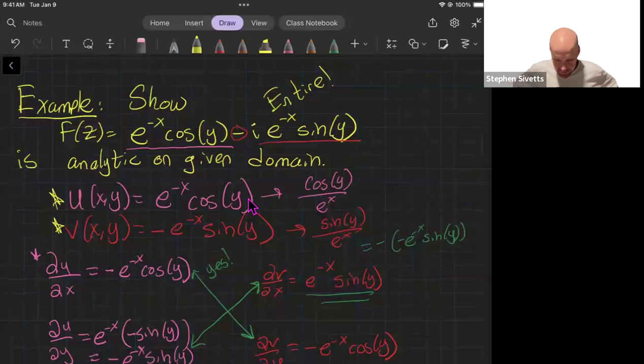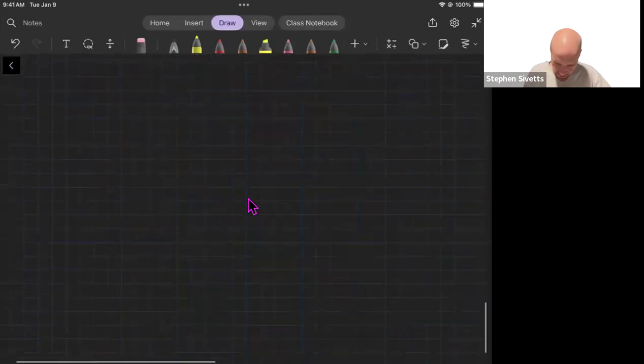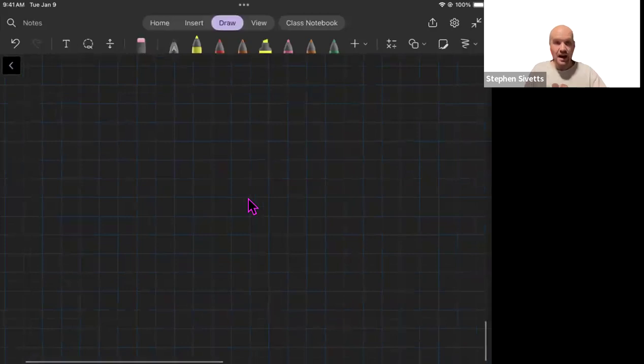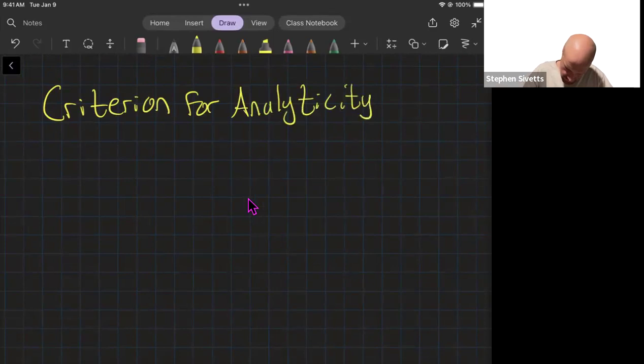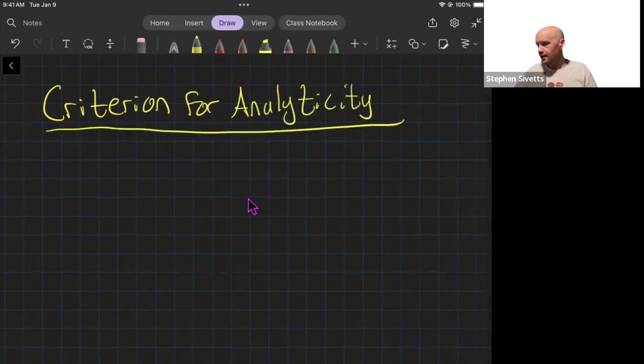So we have some further requirements to show analyticity for a function. Let me write out the criterion for analyticity of a function f of z.